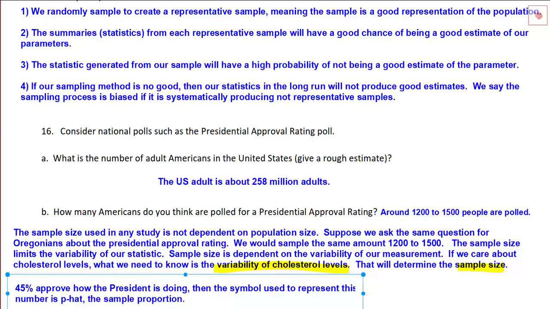Okay, so we would write this, I'm going to write it here roughly. So p hat will be equal to 45%. What this is trying to estimate is p, which we don't know, which is the actual proportion that approve how the president is doing.